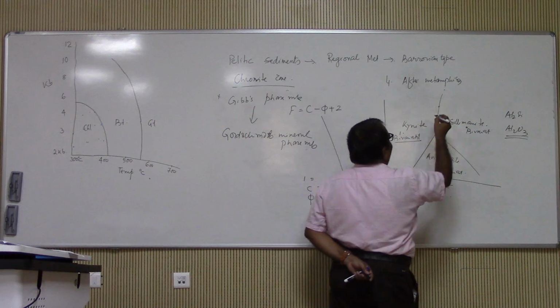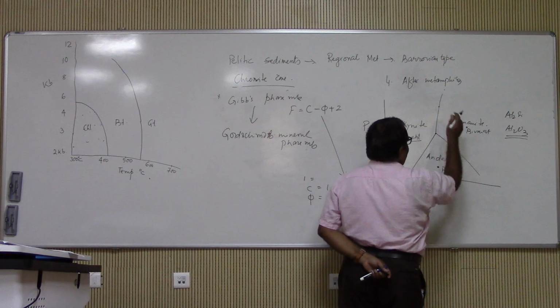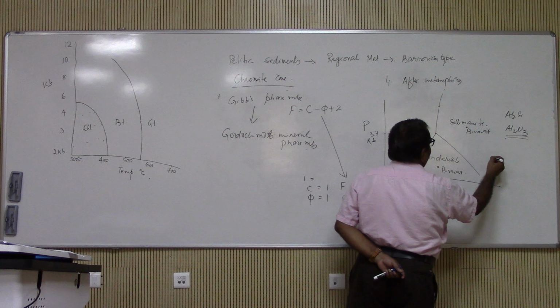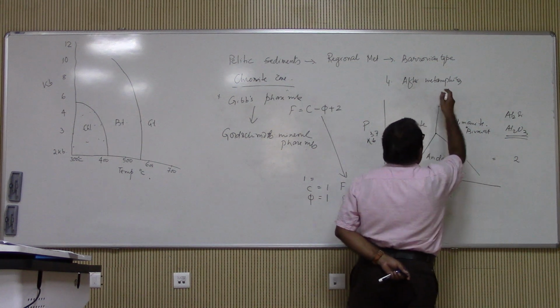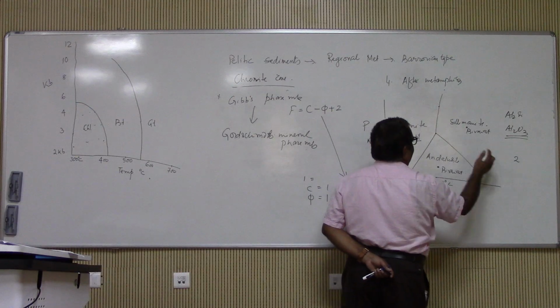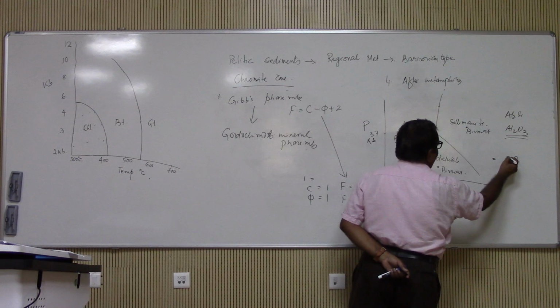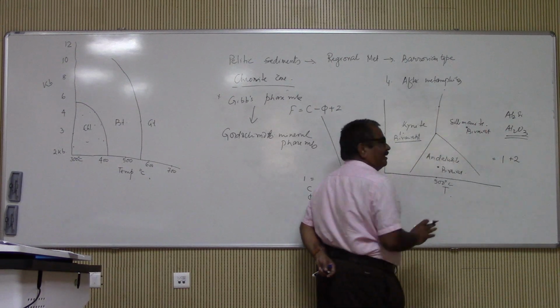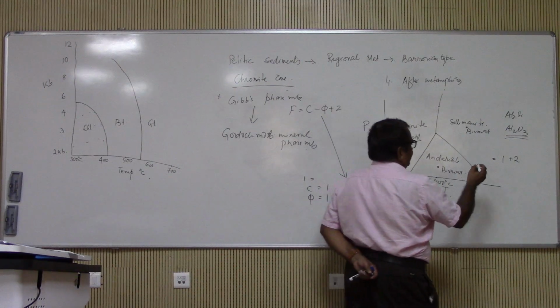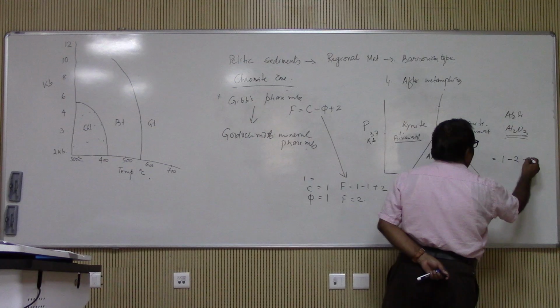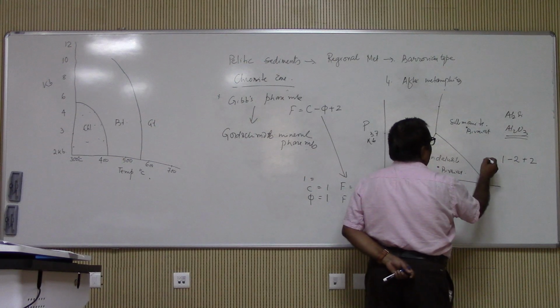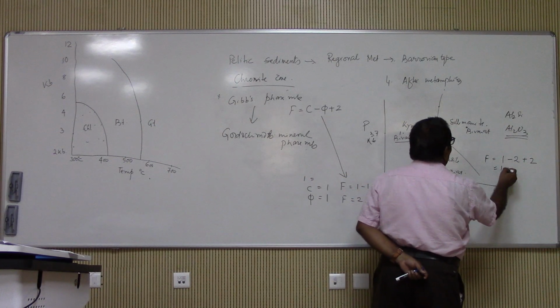Here how many phases are there? So phases are 2, because this is a transition from kyanite to sillimanite. So how many components? Component is 1. So F is equal to how much? 1.